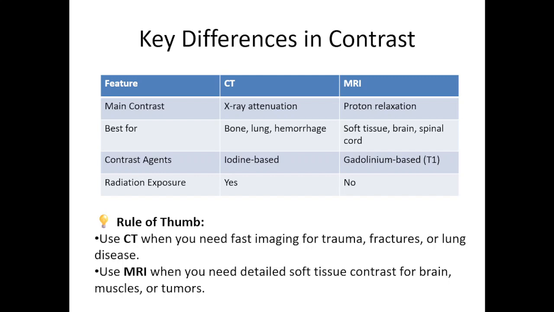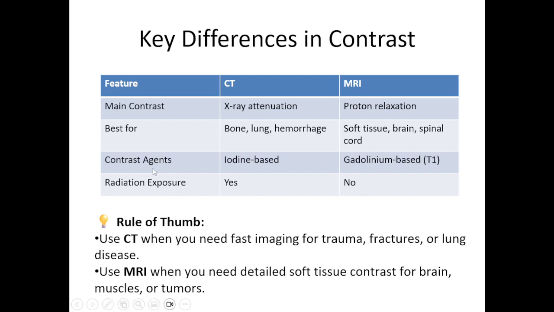Here is a quick summary of the key differences between CT and MRI contrast mechanisms. In essence, CT uses X-ray attenuation. Higher X-ray absorption, such as bone, appears bright, while lower absorption, such as air, appears dark. MRI uses proton relaxation times. The tissue contrast depends on the T1 and T2 relaxation properties.